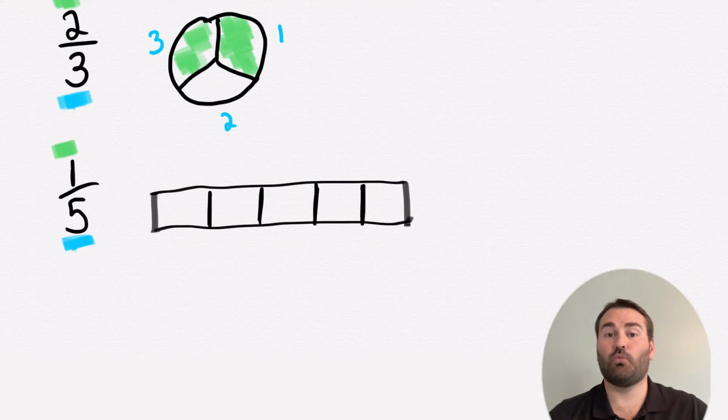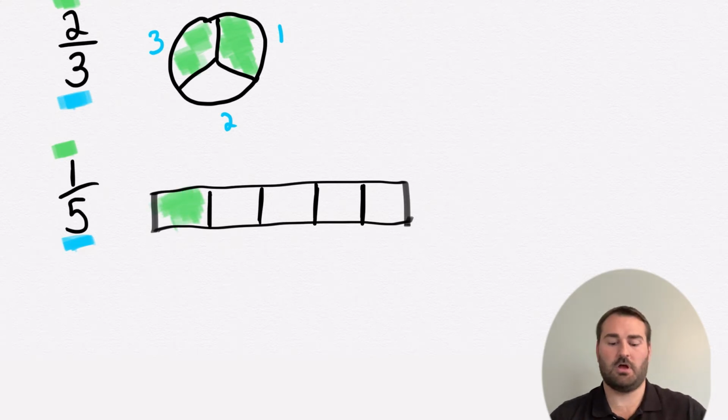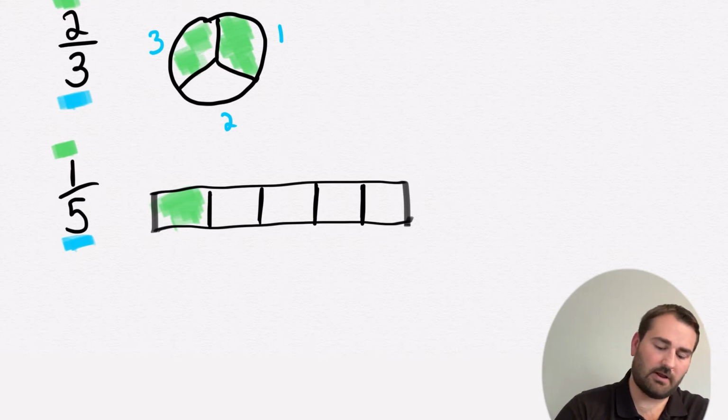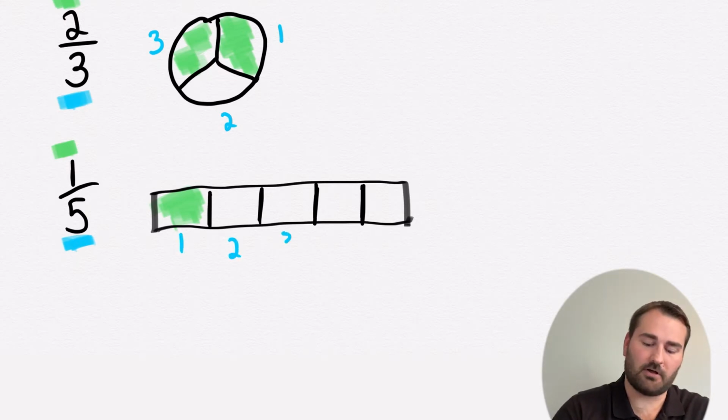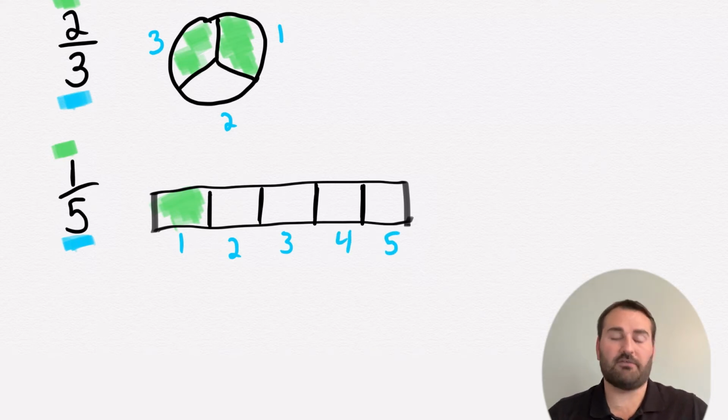Our numerator is 1. So in this case, we fill in one of them. We now have a fraction of 1/5 represented or modeled with a rectangle. 1 out of the 5 are filled in. And I forgot to write this down. My apologies. As we can see, we have 5 pieces, and one of them is shaded. And that's how you model a fraction. Again, it could be any shape.